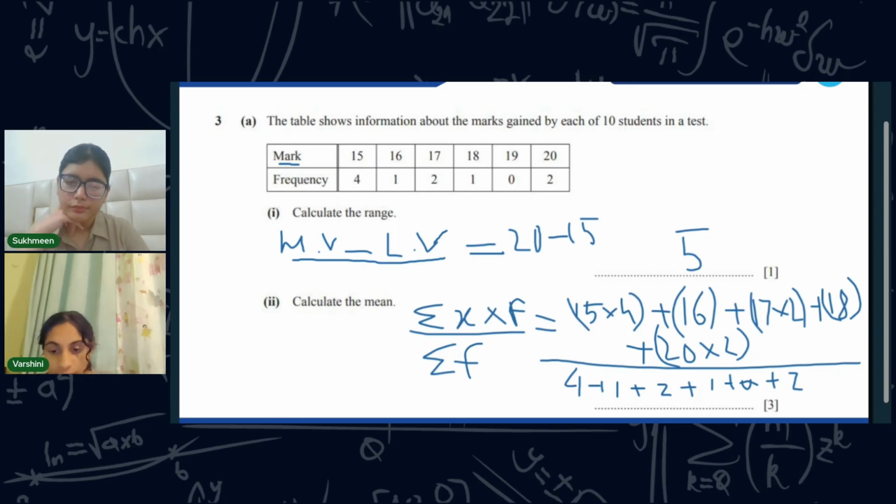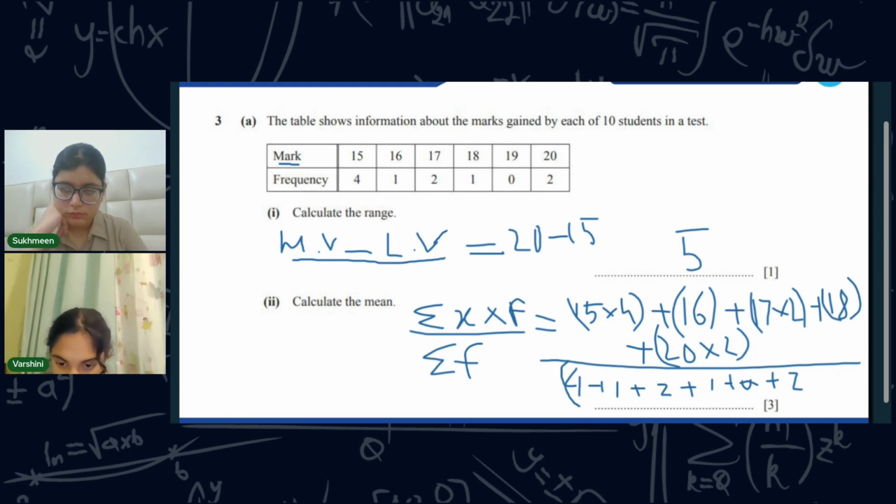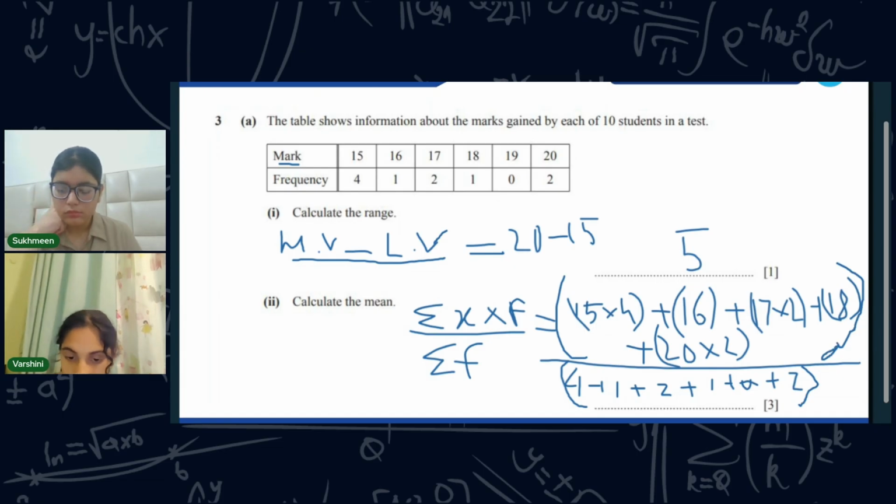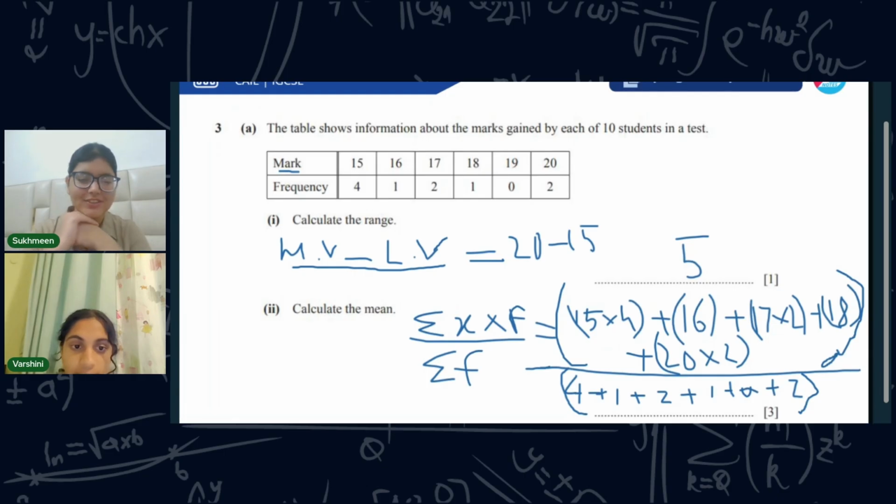Put this in your calculator and don't forget to add the brackets everywhere. There are brackets over here, and on top as well. Or you could calculate the numerator and the denominator separately and then divide, because that might be easier. On questions like these, sometimes people are in a hurry because they know the steps, so they forget things, like forgetting to do 17 times 2 and just forgetting about 17.